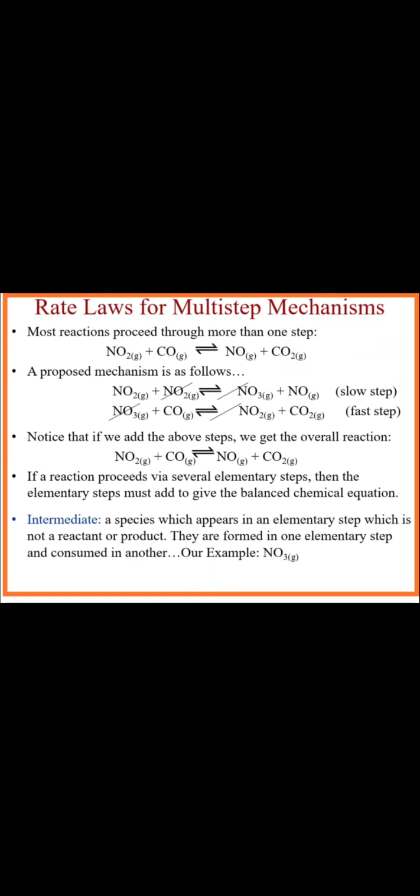It is an additional species formed during the course of the reaction, which is not initially present. So here NO3 is not initially present; it is formed during the course of the reaction.